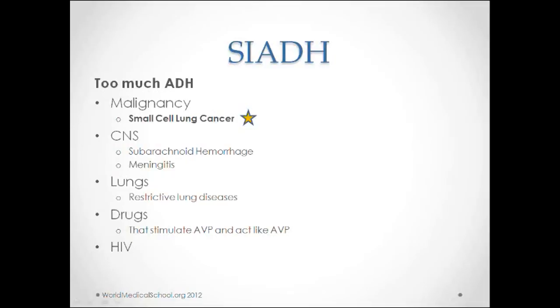Other causes of SIADH include subarachnoid hemorrhage, meningitis, restrictive lung diseases, some drugs, and HIV infection. For subarachnoid hemorrhage, they may describe a patient with severe headache and low sodium. For meningitis, they may say fever, neck stiffness, photophobia, along with a low sodium.